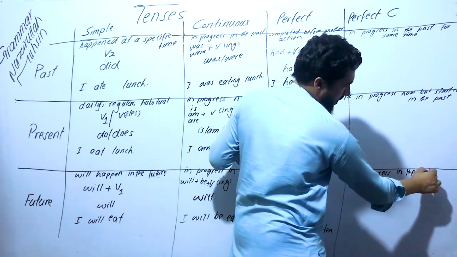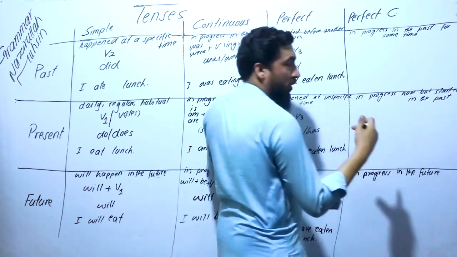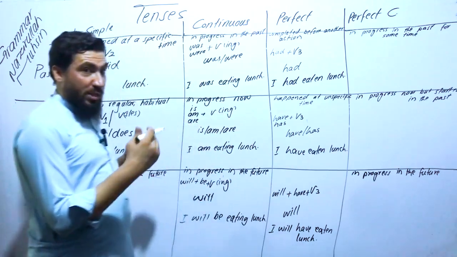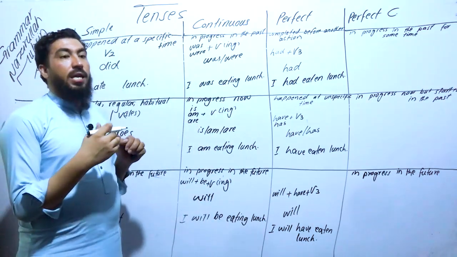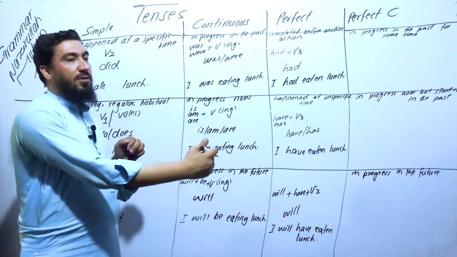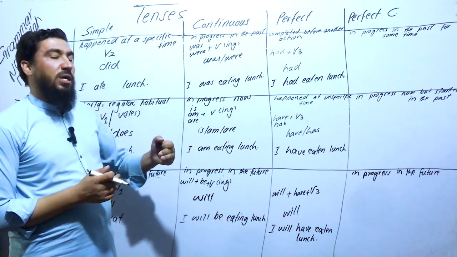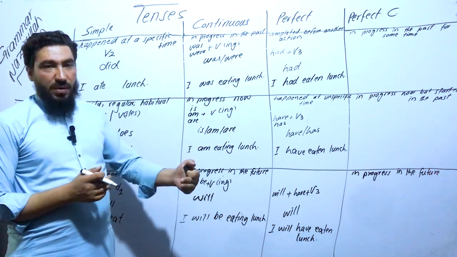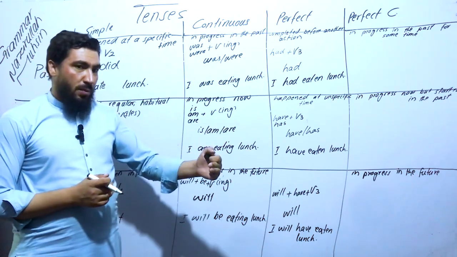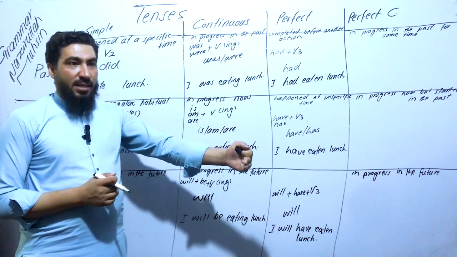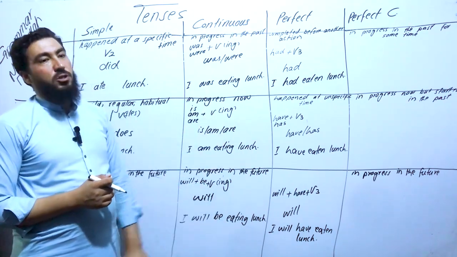It will start in the future and continue for some time, then end before another action or time in the future. پیل به شي په راتلونکي کې د یو څه مودې لپاره به جاری وي او بیا به د بل عمل یا د وخت نه مخکې بیرته مکمل شي.